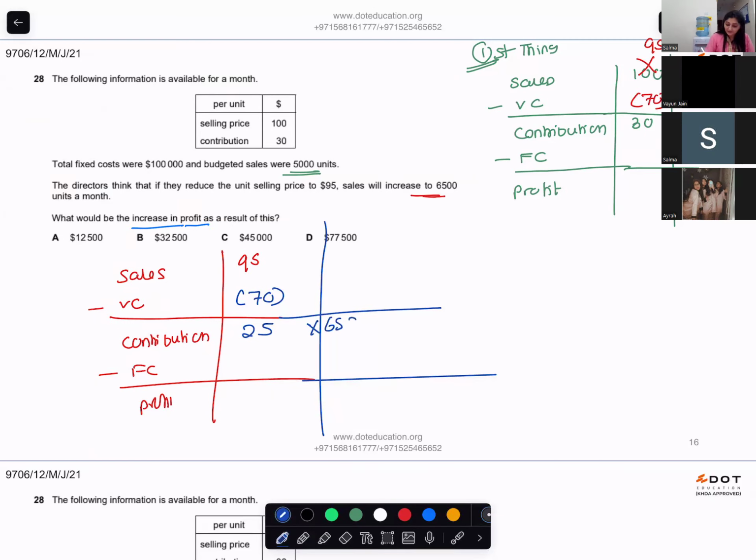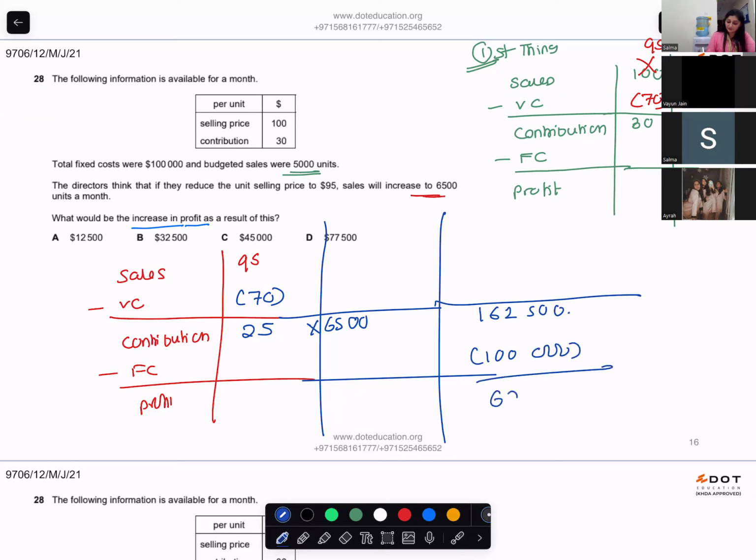So 25 into 6,500, what will be my contribution? 162,500. Fixed cost is 100,000. Profit is 62,500. How much is the profit increasing? 12,500. The profit is increasing by 12,500.